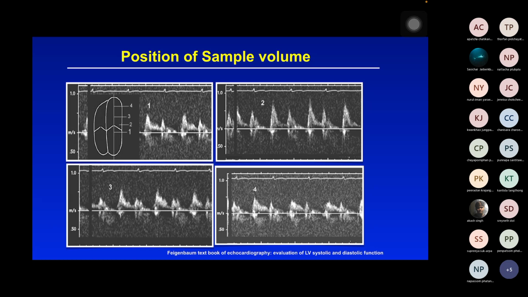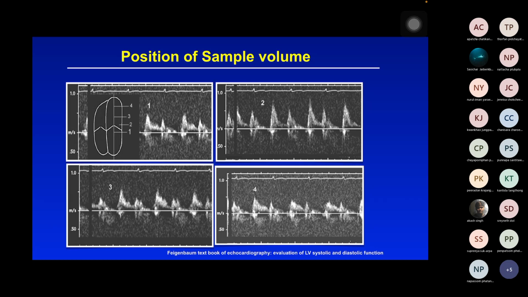If you place it at number 1, you see it's different from number 2. Number 2 is the correct position of the sample volume. You see the peak E and peak A velocity is different from all of these.